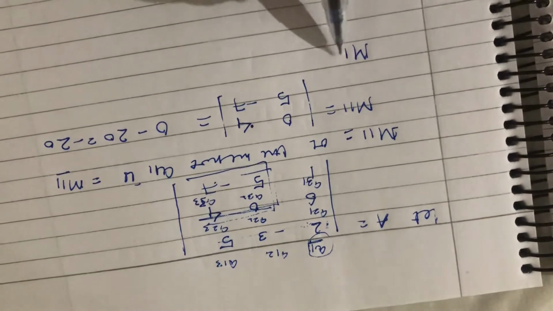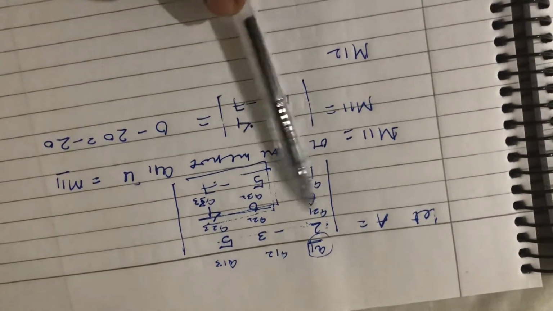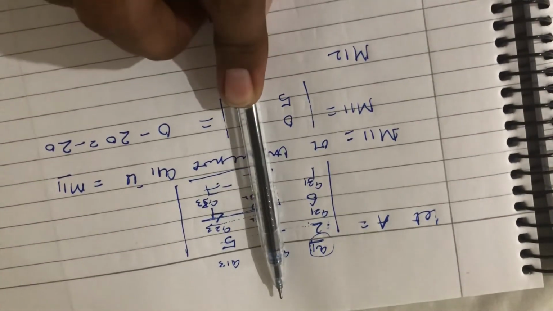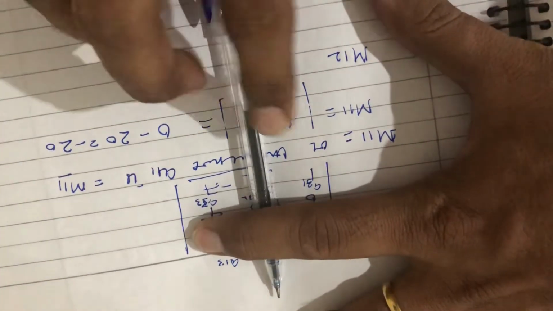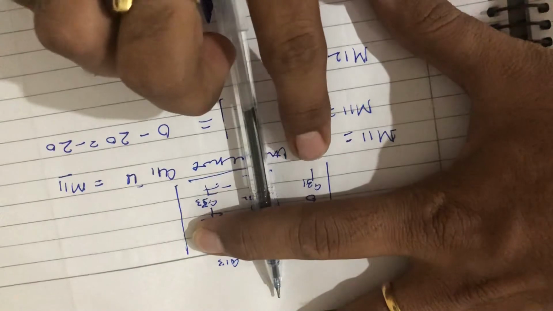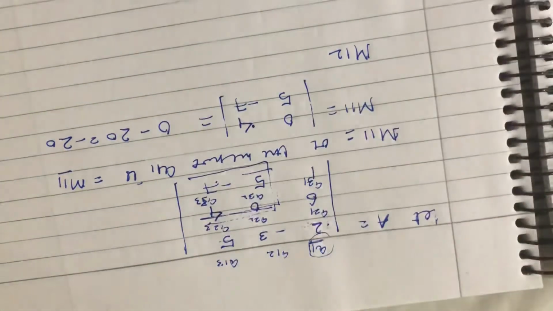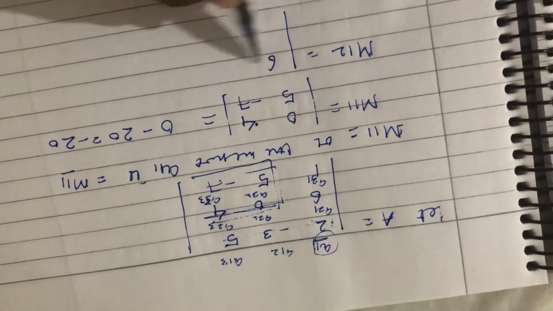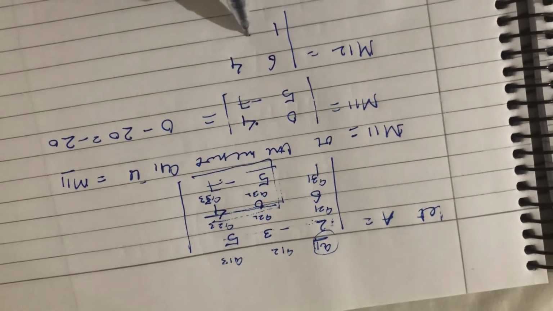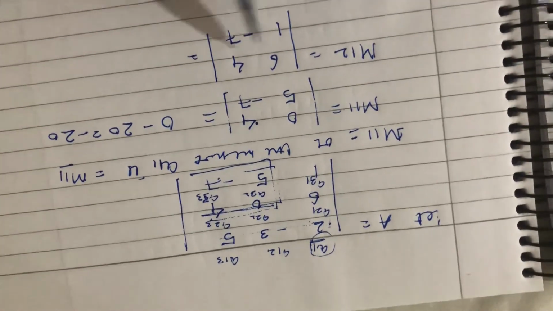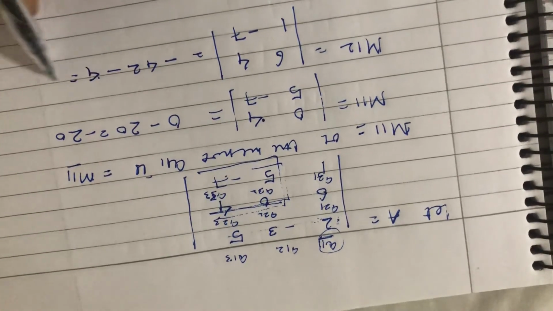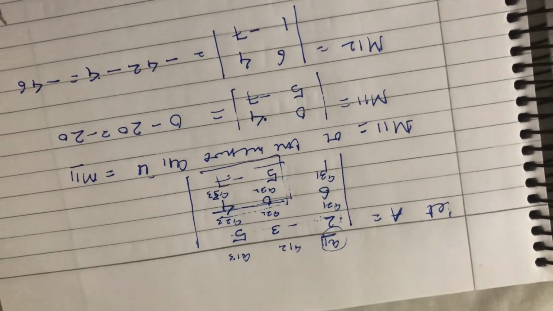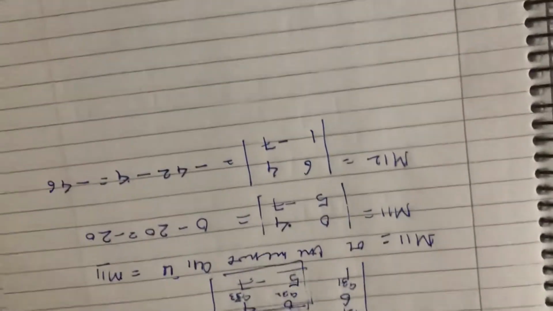We want to find M12. M12 means cross the second column and first row. Then we have the elements 6, 4, 1 and -7. It is 6 times -7 minus 4 times 1, which is -42 minus 4, so minus 46.